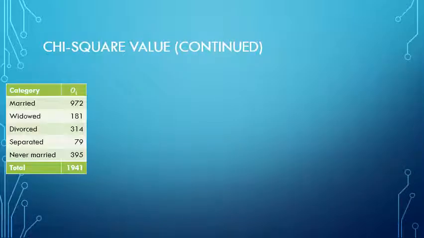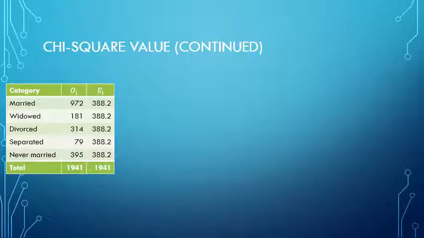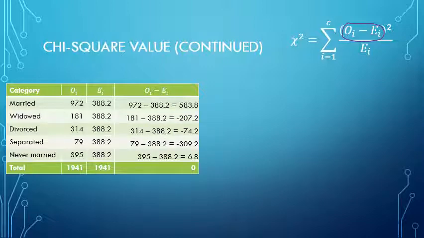So on the previous slide, we've seen the observed frequencies and the expected frequencies, and now it's time to move on with that big formula. In the formula, the first thing we see is that we need to subtract the expected from the observed frequencies. And we need to do that for each category. So I've done so here.